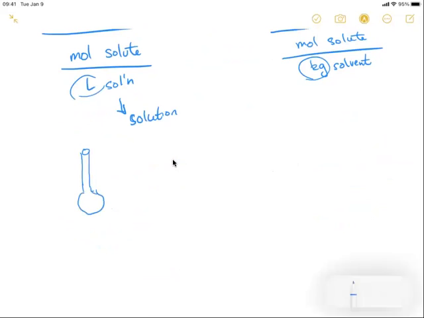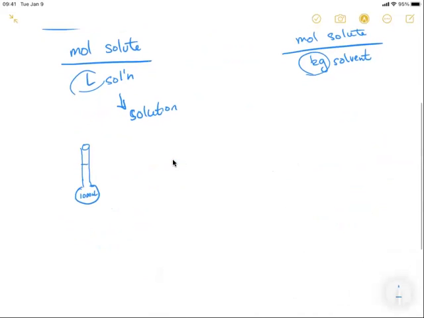That's a terrible drawing, but anyway. And usually there's a line here because these are used for dilutions, and so they have a specific volume. So let's say this is a 1 liter volumetric flask.